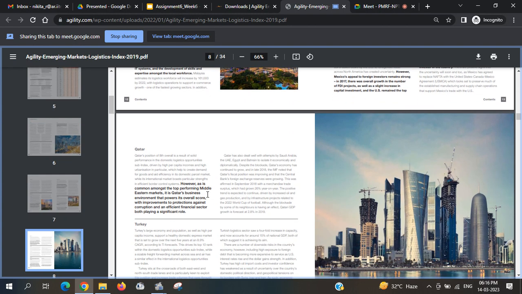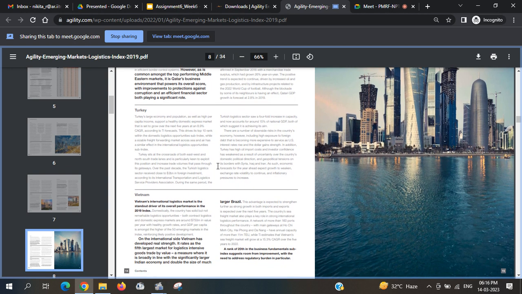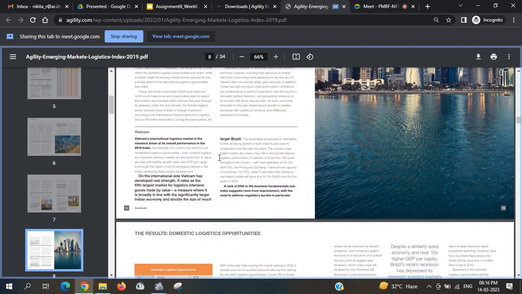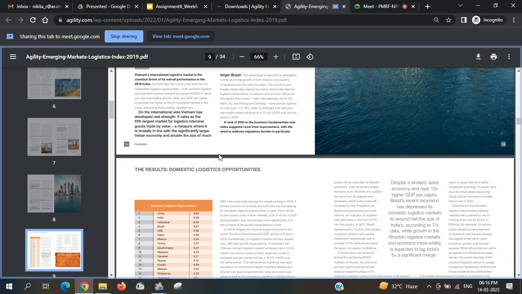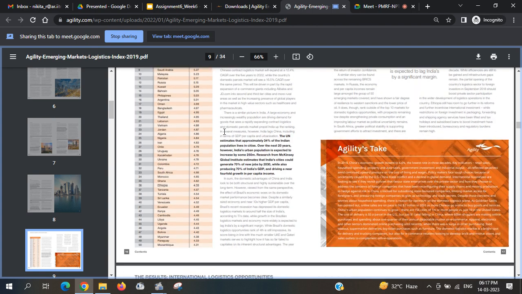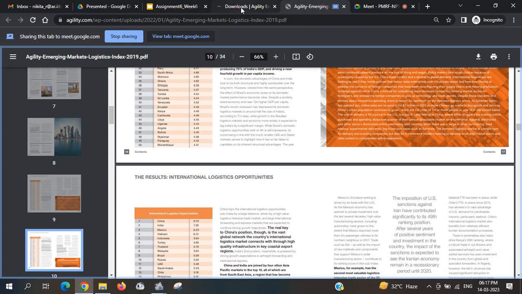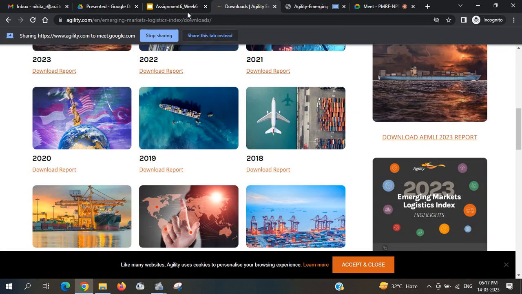how the country is performing on different aspects of business readiness and ease of business, and even their attractiveness in terms of logistics opportunities in the country. So you can see this is the report.